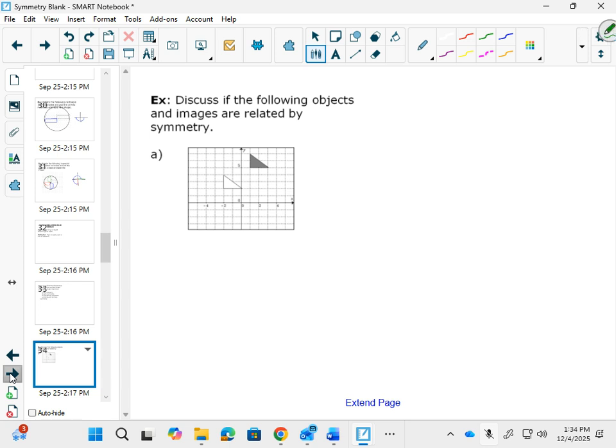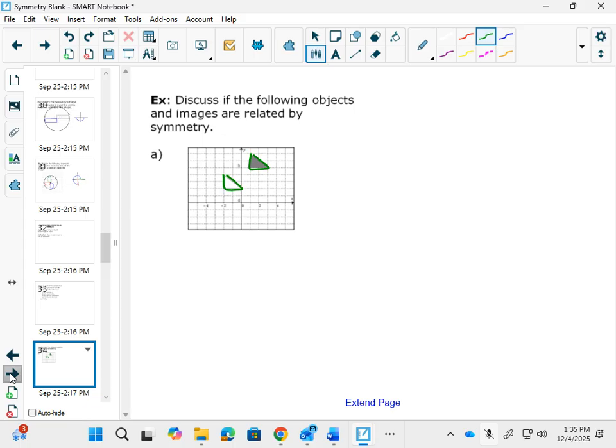We're just going to imagine I had this shape originally, and I slid it to here. If we took both of those shapes together, could we rotate one to make the other one? Could we flip one to make the other one? Would there be line symmetry? Would there be rotation symmetry?